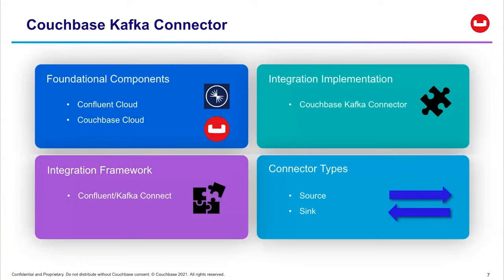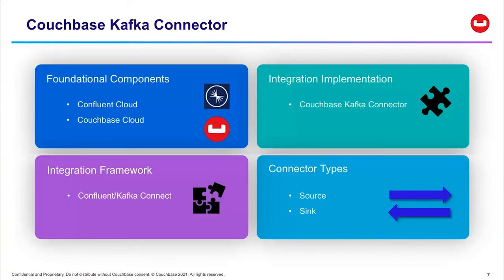So at the heart of integration with Confluent is the Couchbase Kafka connector. The key functional components here are Confluent Cloud and the Couchbase Cloud platform, which is being rebranded during this event as Couchbase Capella. And the integration implementation is the Couchbase Kafka connector.